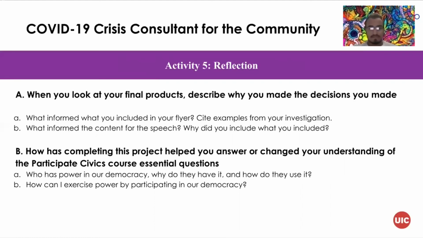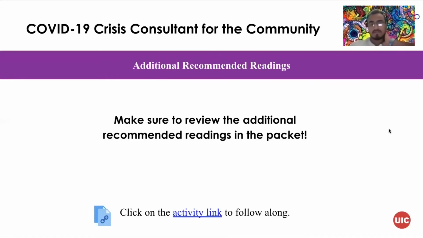And then ask yourself, who has the power in democracy? Why do they have it, and how do they use it, and how can you yourself exercise that power as well? On the next slides, we have additional readings that you could click on the link below to read the packet and have even more information that could help you as well.